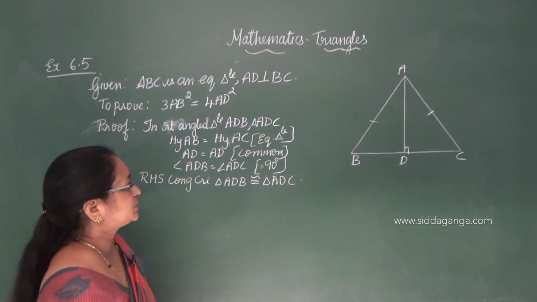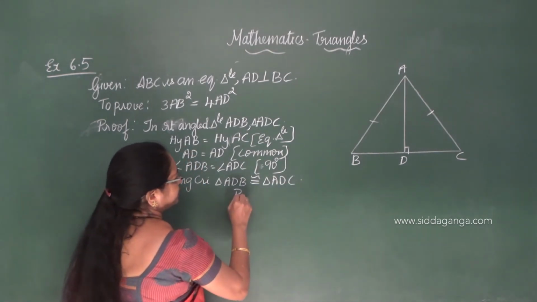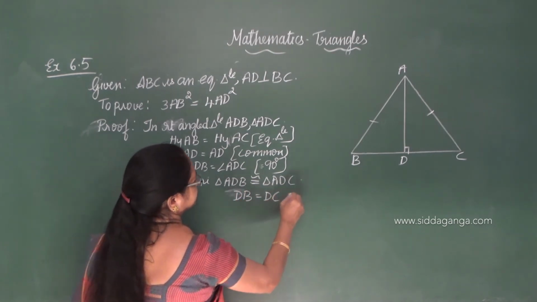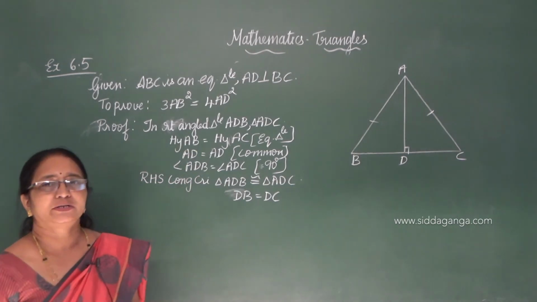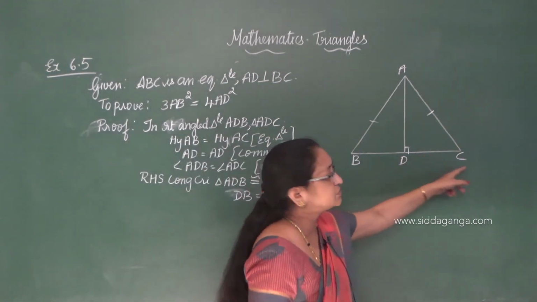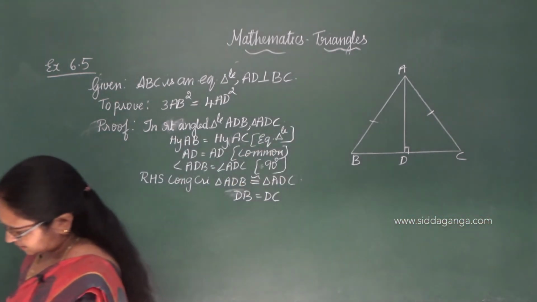Okay, here what I want to prove is DB is equal to DC. I wanted to prove BD is equal to DC.